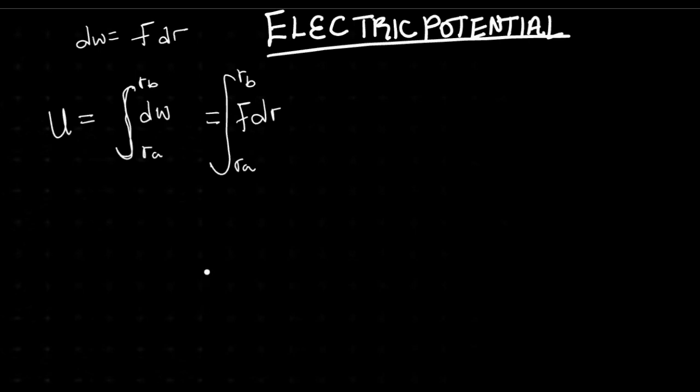Are we getting it now? So we already know that F is equal to what? kQ over r squared, is it not? So when we integrate this now, we integrate between r_A and r_B, and we have the dr here.